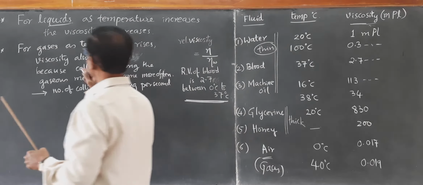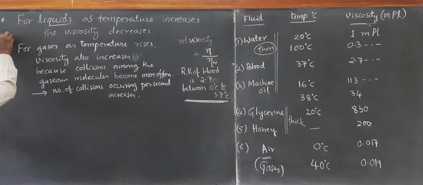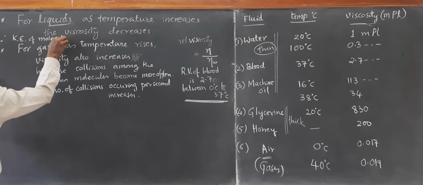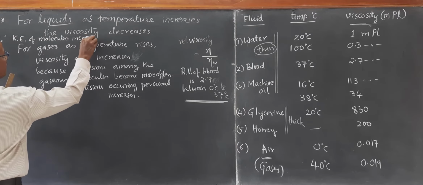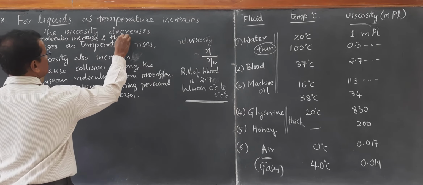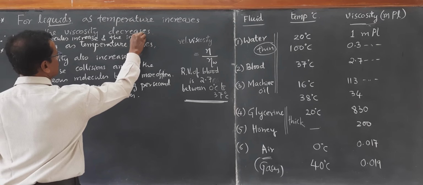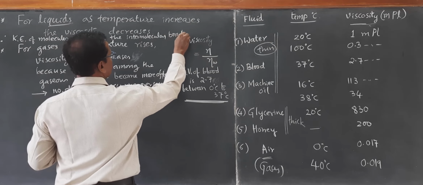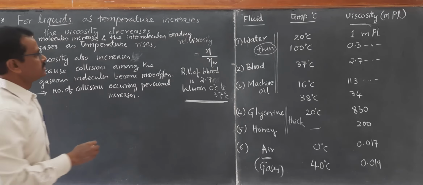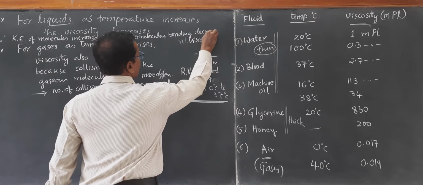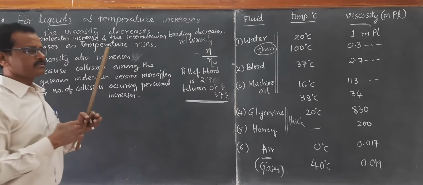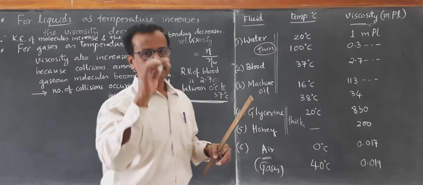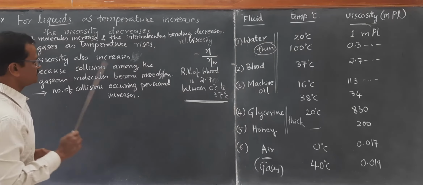For liquids, as I told you, the reason is that the kinetic energy of molecules increases and intermolecular bonding, meaning intermolecular attractive force, decreases. As a result, the molecules start moving more and more randomly with more and more energy and the viscosity decreases. This is how it is explained.